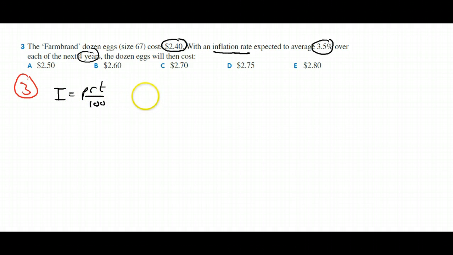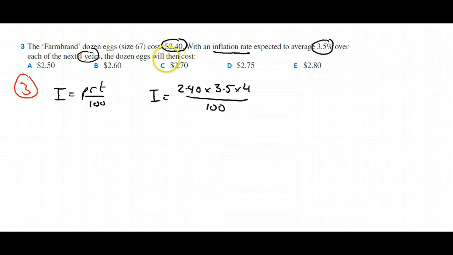So straight away we can put in the amount of interest, or the increase in the value, will be I equals, the principal was 2.4, the interest rate was 3.5, the inflation rate in this case, and the amount of time was 4 years. Okay, so we can work out the increase in the value of these eggs that cost $2.4 now. That'll be I. Let's work out what that is.